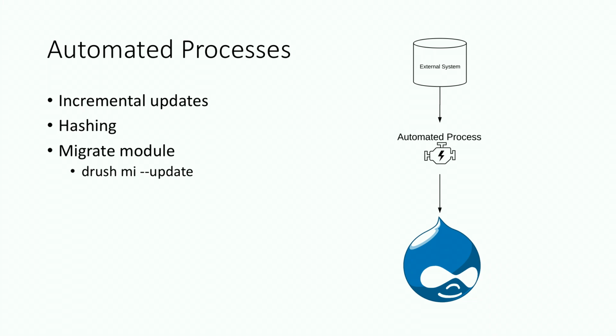So a lot of useless invalidations were happening. The nodes were being invalidated for no reason. They hadn't changed in the source, so why invalidate them? We ended up calling the migrate process with the --update flag, which the migrate module supports as incremental. Basically it hashes the source data, saves that hash, and if that hash hasn't changed, it won't bother updating the destination entity in Drupal.